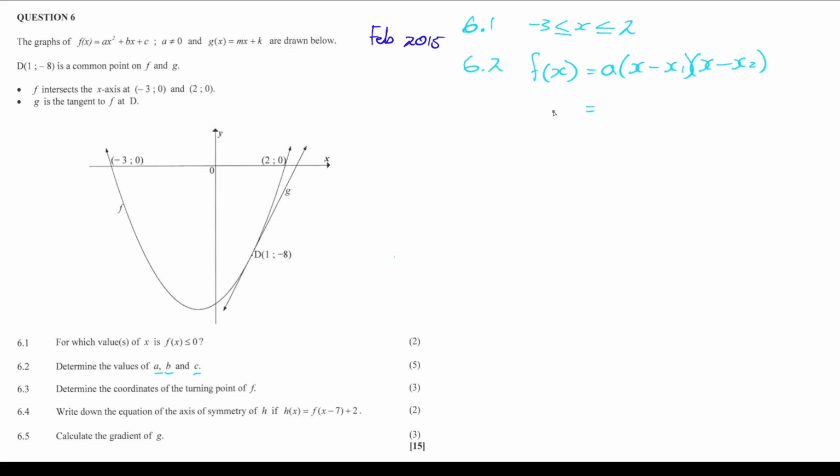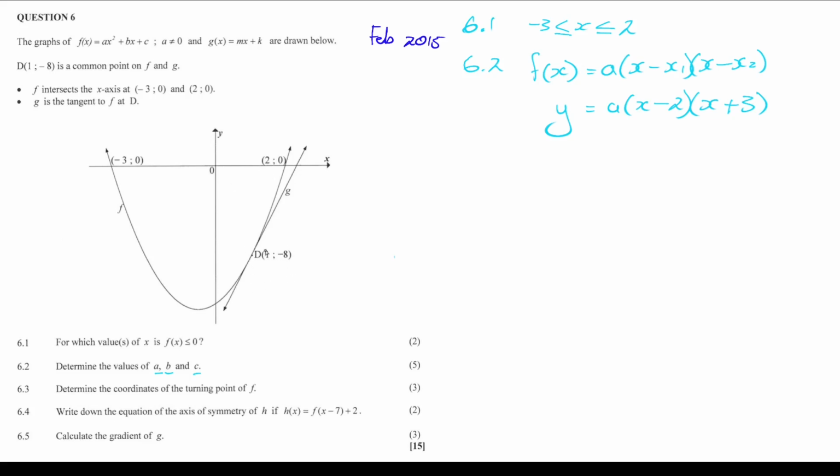We have y, we have a, we have (x - 2) and (x + 3), which makes this a positive 3. So I substituted my x-intercepts into the equation. But now I still need a. And for a, I need one more point. Don't use the ones you already used. They'll mess you up a little bit.